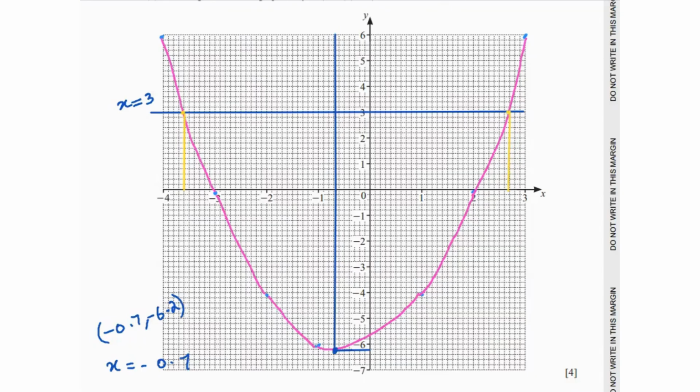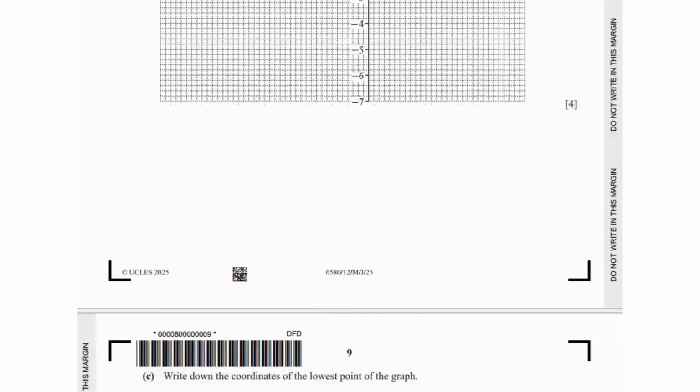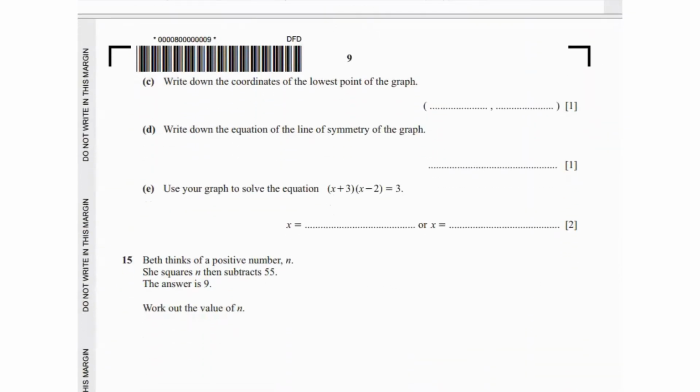So for the x values, I'm getting negative 3.6 over here and 2.7 over here. These are the solutions when the equation equals 3. So negative 0.7 and negative 6.2 over here, this is negative 0.7. This is negative 3.6 and 2.7. These are my values.